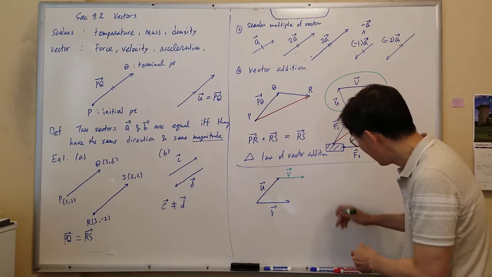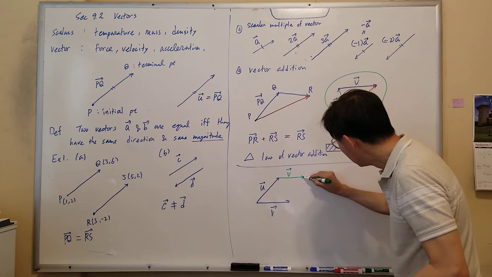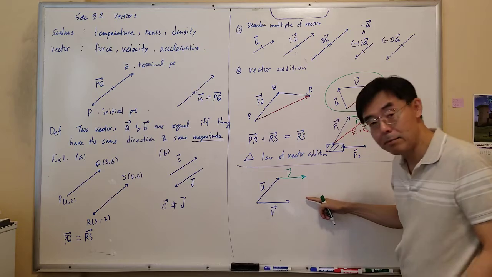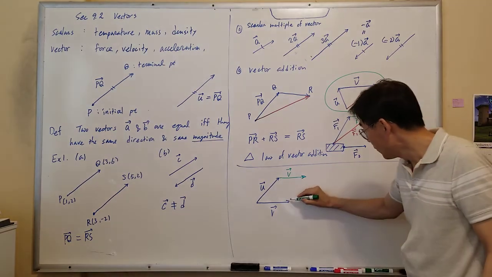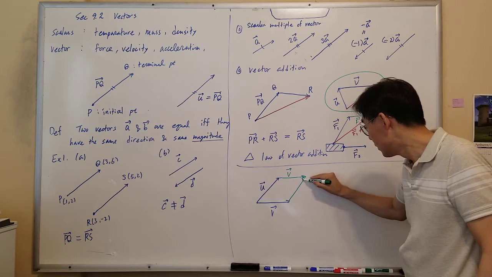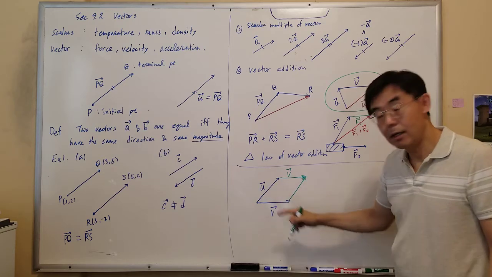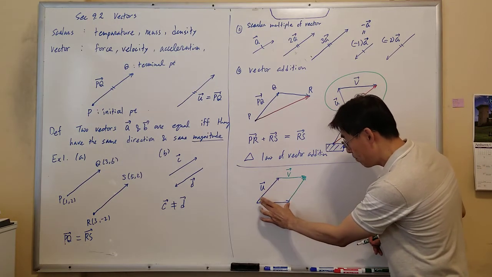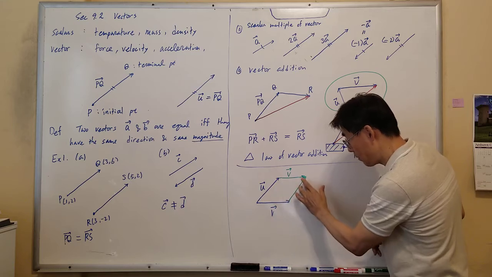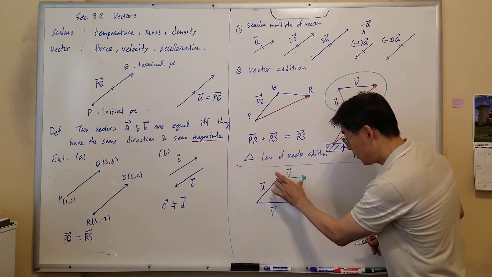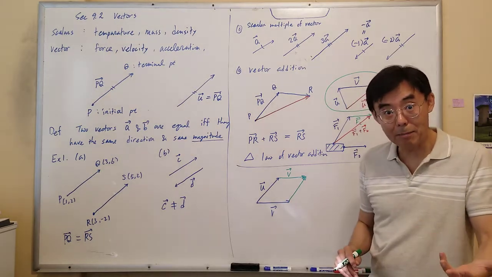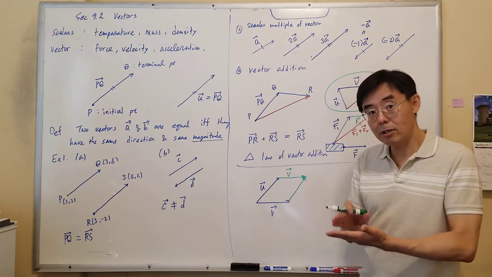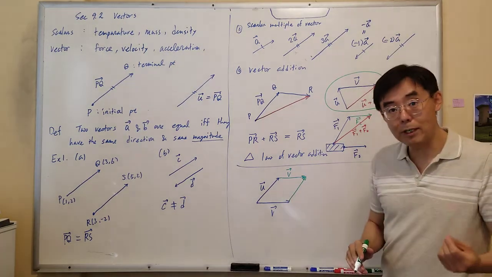Now, what happens if I just draw vector v over here? That means that this is the same direction and same length. So if I connect this, it'll make a quadrilateral where these two vectors represent the same vector. Same direction means at least they are parallel, and same magnitude means congruent, same length. So when a pair of opposite sides are parallel and congruent, this quadrilateral should be a parallelogram.